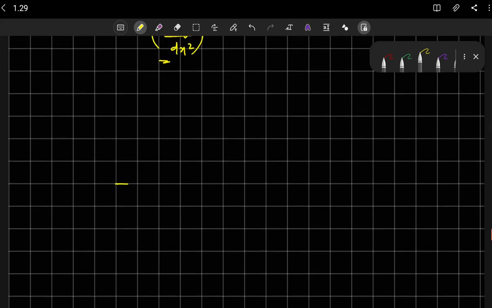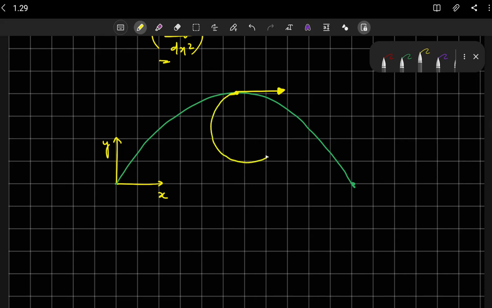So let us say this is the x-axis, this is the y-axis, and this is the projectile motion of the body. Now let us first talk about the highest point. At the highest point, the velocity is in this direction because the velocity in the vertical direction is 0, and let us say this is the curvature it is forming, and this is the radius of curvature.